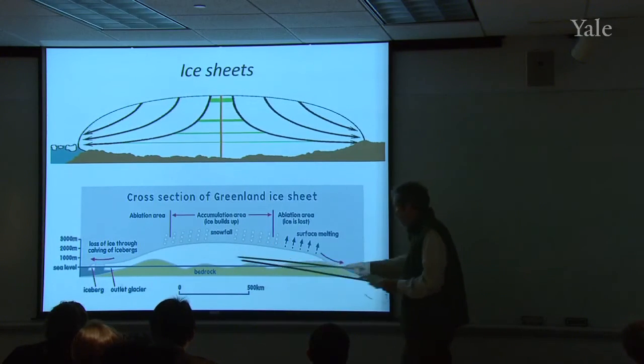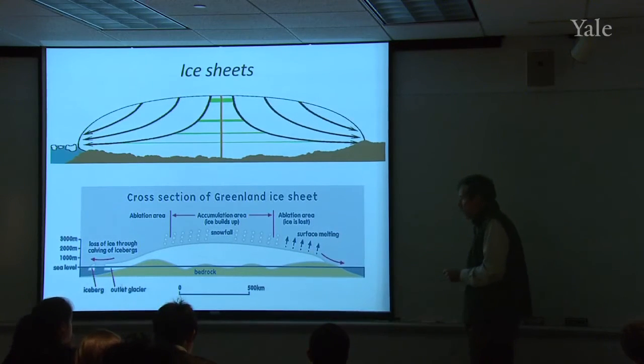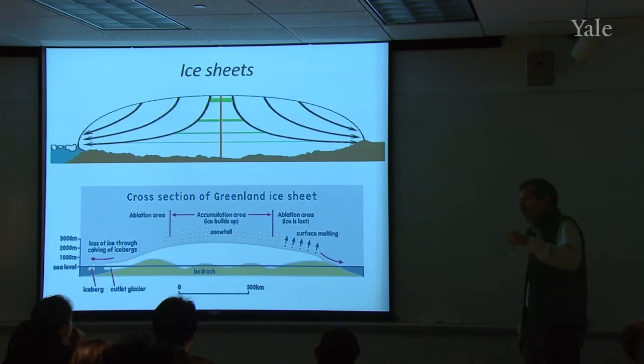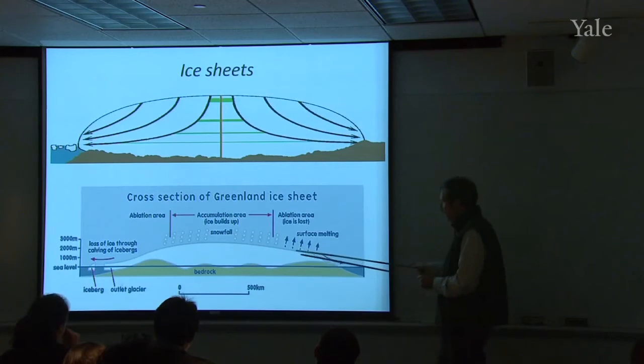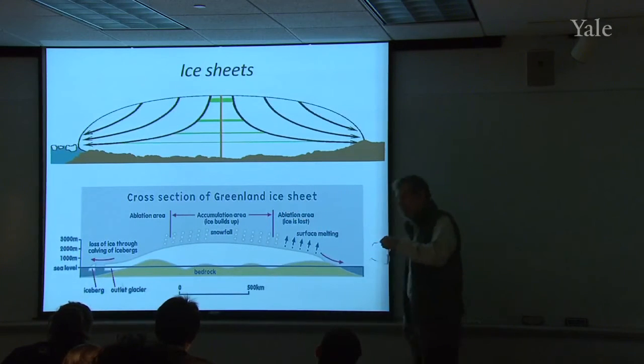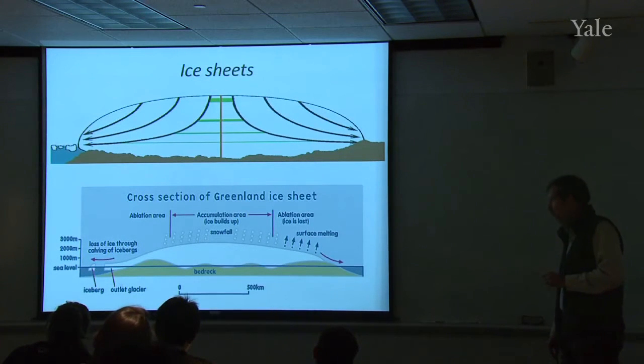Then near the edge, there could be some loss by melting or direct sublimation. Sublimation is when you go directly from ice to vapor. But if that's not sufficient, then the ice will actually be squeezed out and will reach the ocean, and then you'll break off those chunks as icebergs.